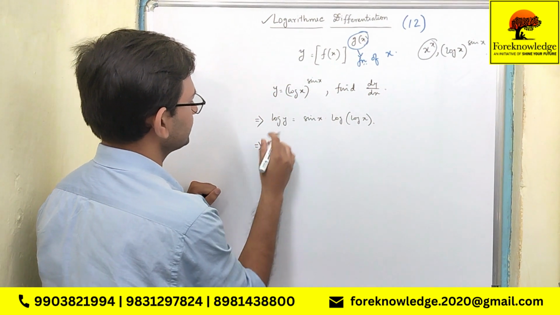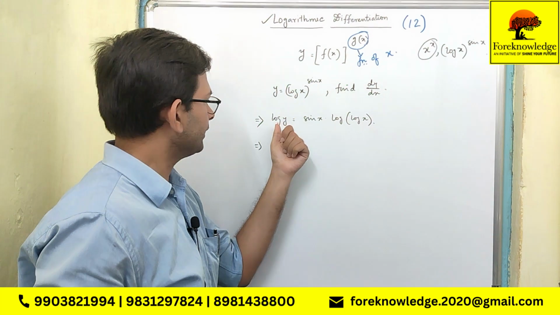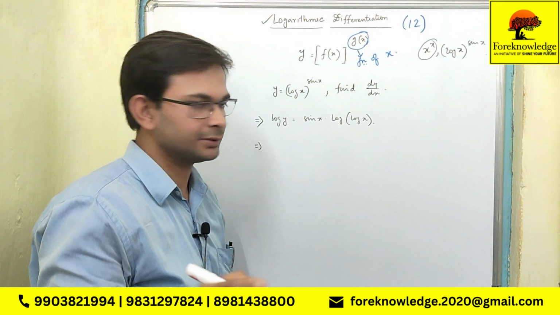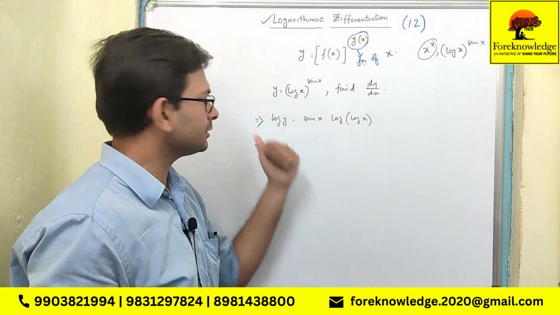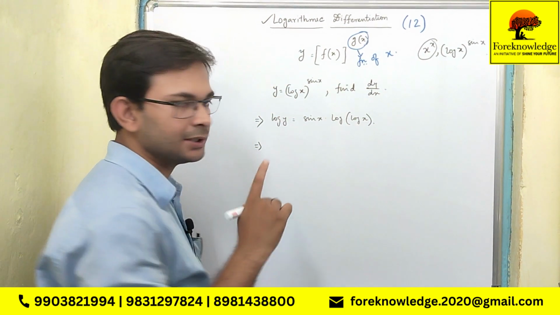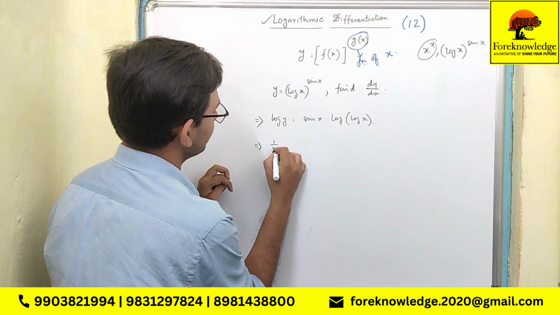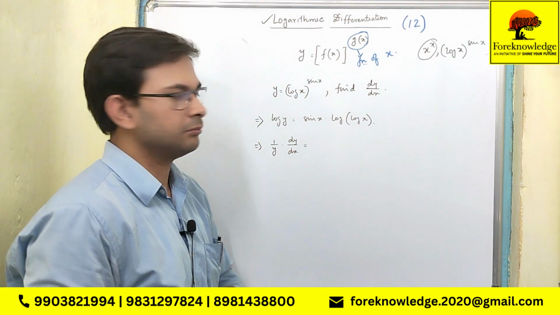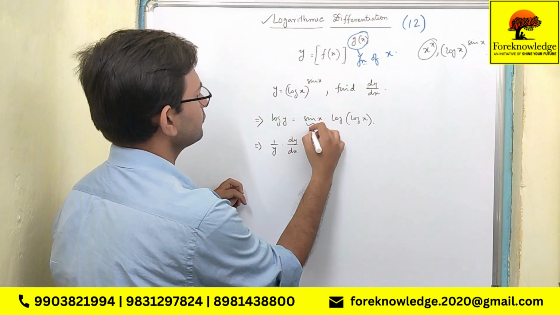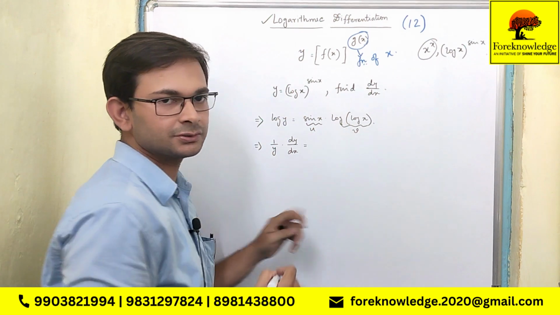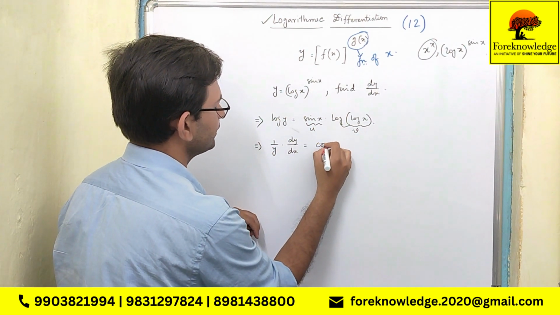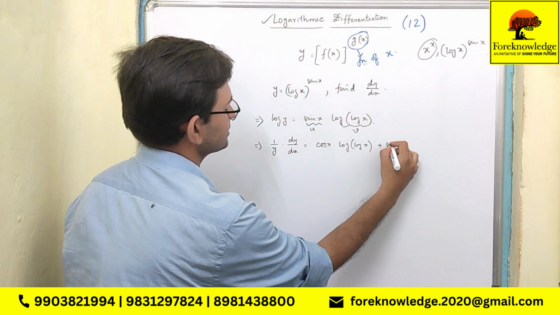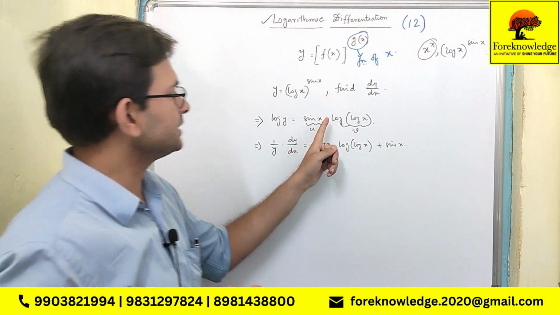Now differentiate both sides. Notice that in each and every case we are differentiating log y with x, and the result is always 1 by y into dy/dx after differentiation. Now this is the u quantity, this is the v quantity. For sin x, the derivative is cos x into log log x, which is fixed, plus sin x into the differentiation of log of log x.